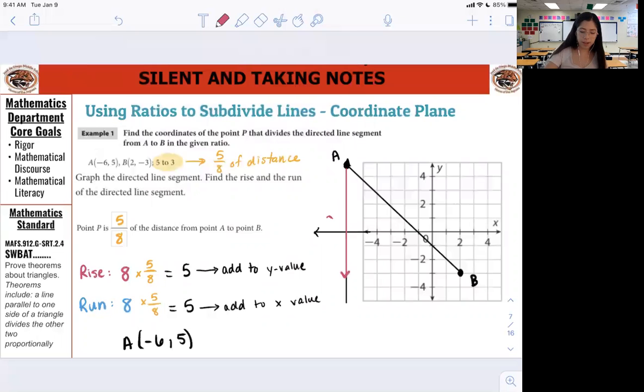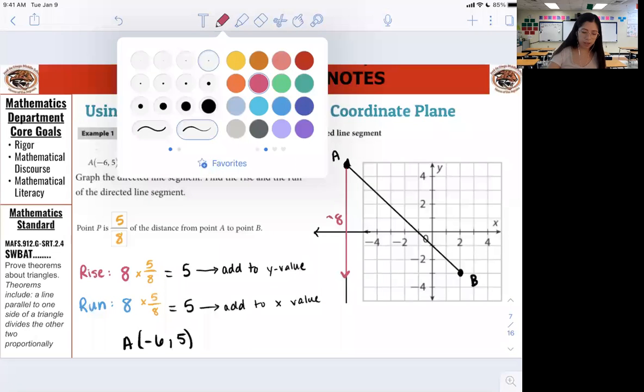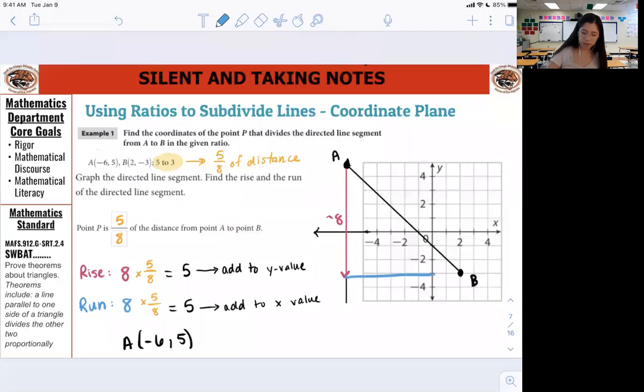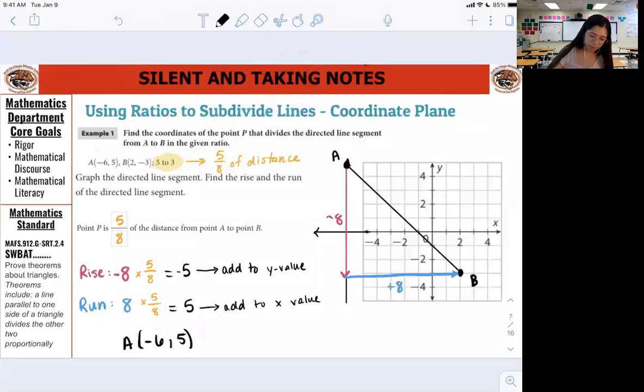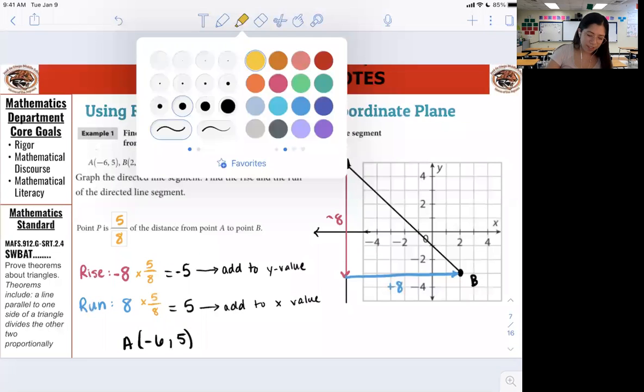So that's -8 and then +8. So that's okay. Doesn't change our answer too much. We don't get +5, we get -5. Oh, you said -8. I'm sorry. I really didn't see the negative symbol.